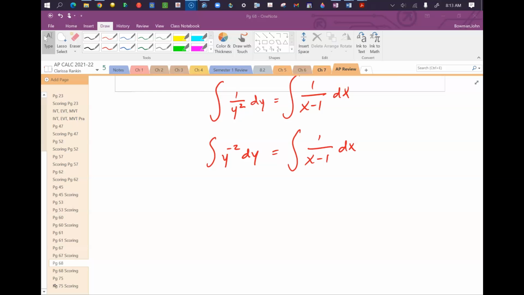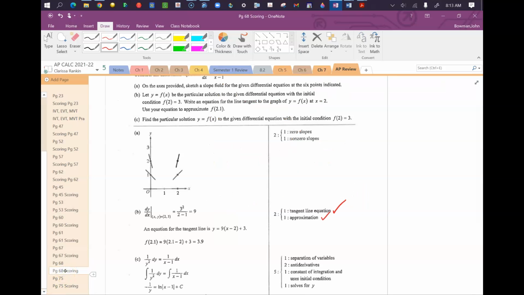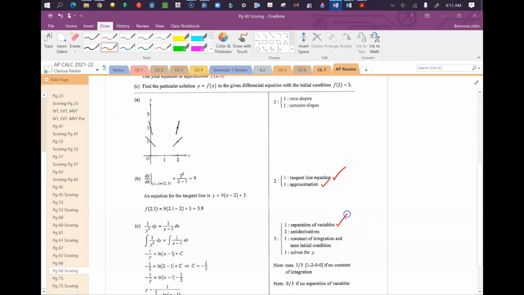Okay, so when we antidifferentiate the left-hand side, the exponent goes up by 1, so y to the negative 1, but when we differentiate that, we need that negative to cancel out, so we're going to have a negative 1 out in front there. Don't forget the constant of integration. On the right-hand side, we are going to have the natural log of the absolute value of x minus 1. All right, 1 point for the separation of variables, 2 points for the antiderivative. So we have 3 out of our 5 accounted for there.